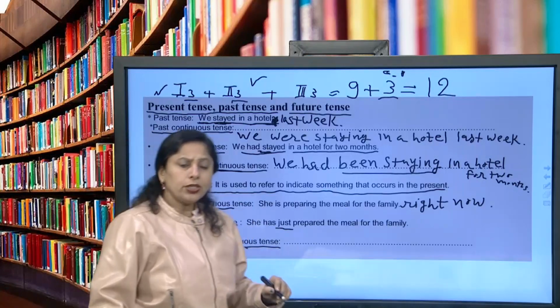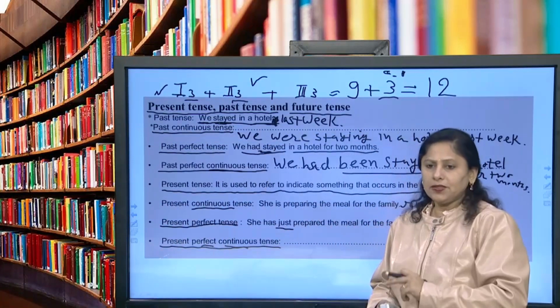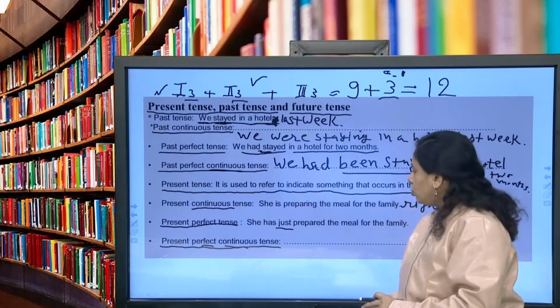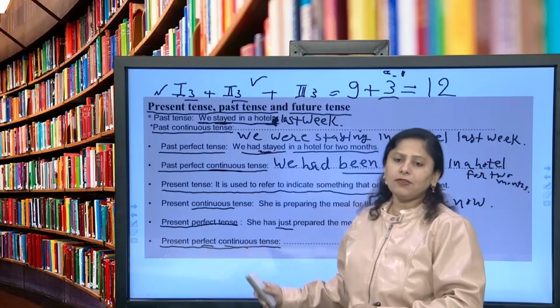So continuity of the action is presented, but it is in the present tense and it shows that the action is going to finish soon. That's why there is a perfect tense.